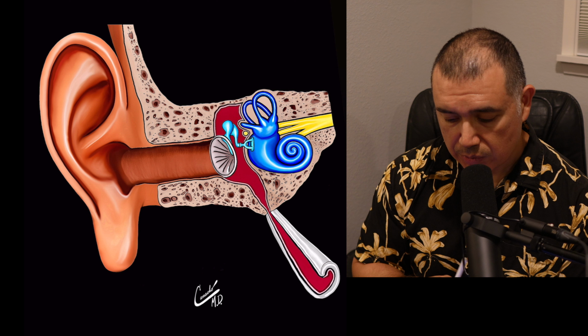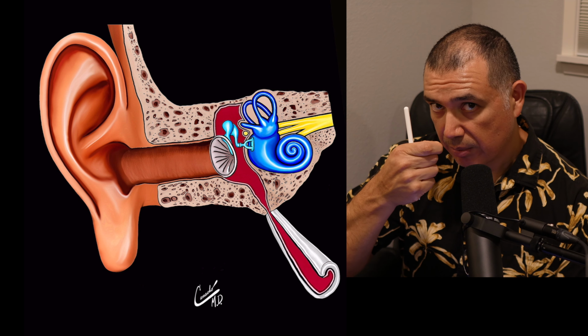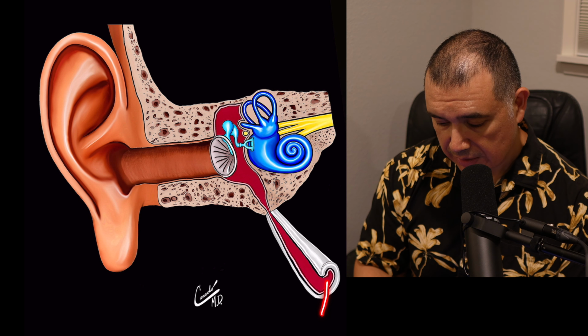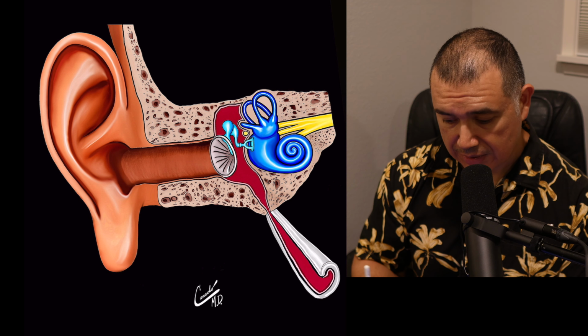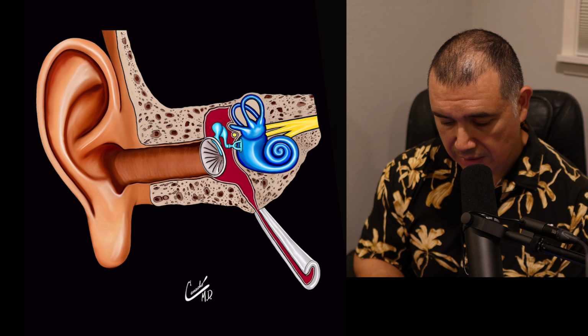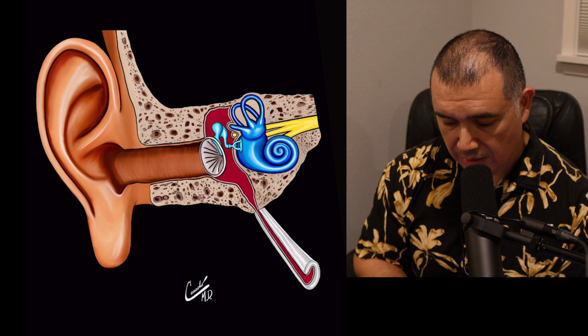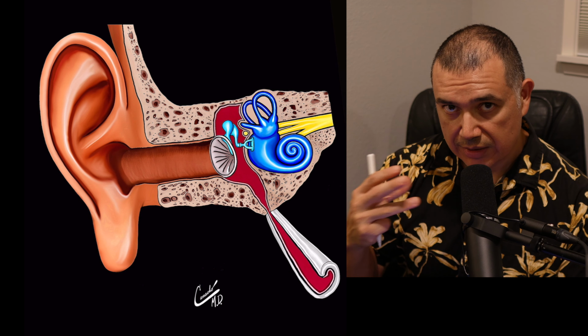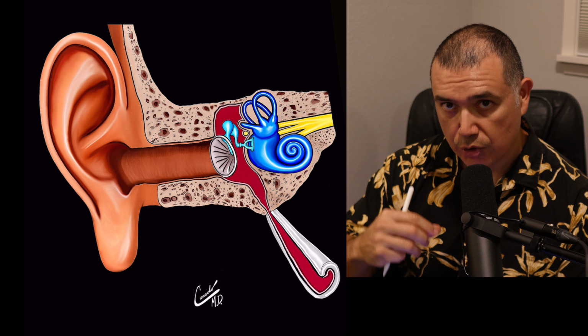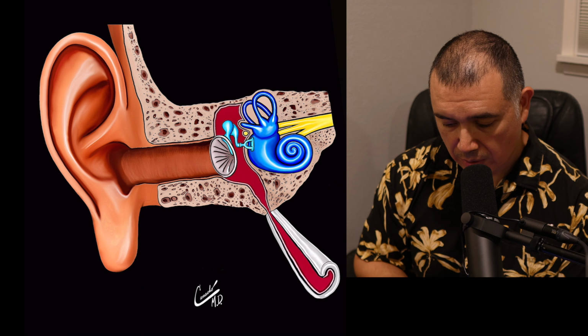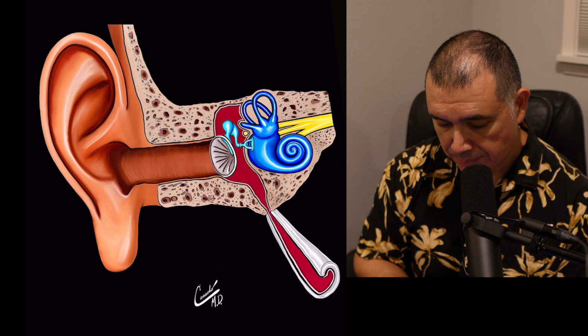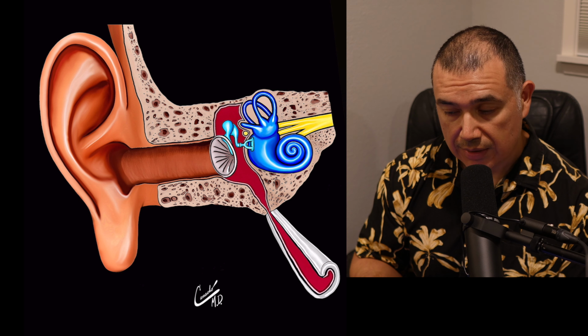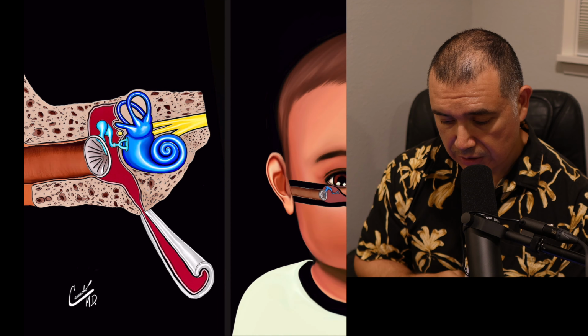Well, when you swallow, when you pinch and blow your nose, you can see that the eustachian tube gets dilated. So here it is dilated, here it is not dilated, and that is normal for the eustachian tube to open and close when you swallow, when you pinch your nose and blow. And when it's not working, that is known as eustachian tube dysfunction.